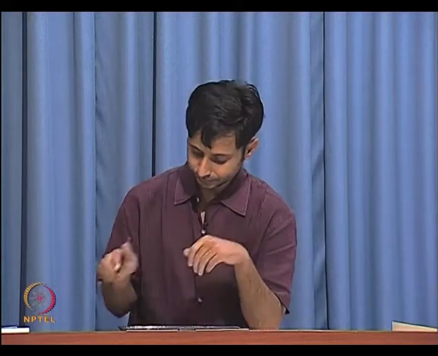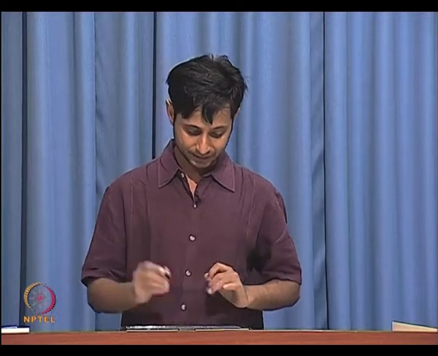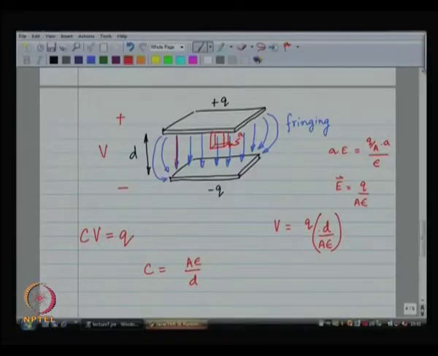So, this also I am sure you are familiar with. So, under these circumstances, what do you think is going to be the capacitance of the structure? Most of the field lines are still coming straight down from one plate to the other. They still have more or less the same strength.